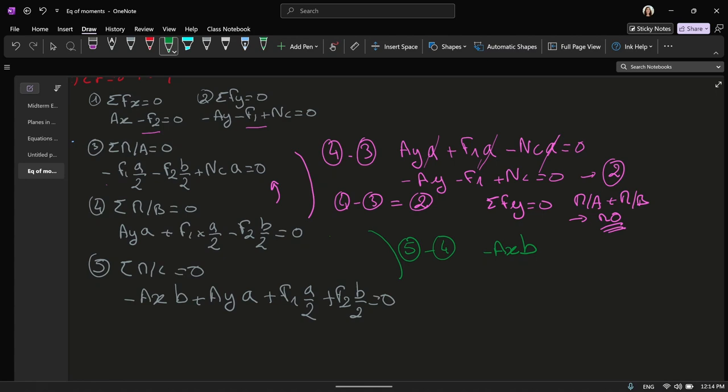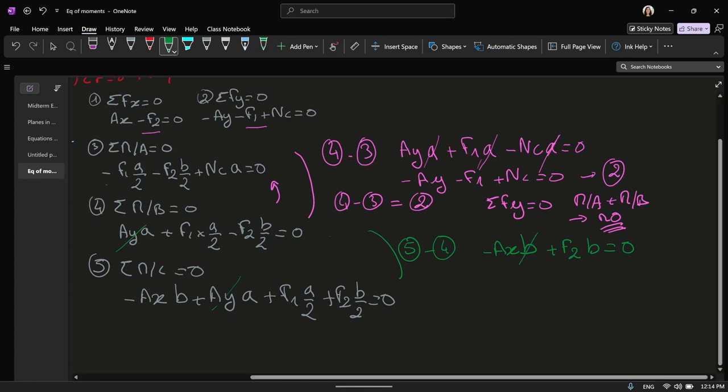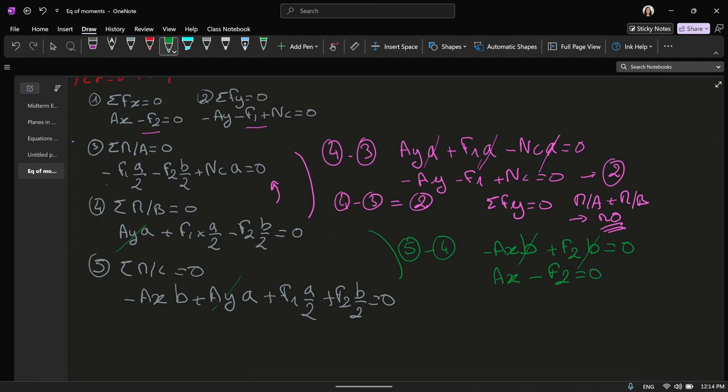Ay a minus Ay a, that's 0. F1 times a divided by 2 and F1 a divided by 2, that's 0. And F2 b divided by 2 plus F2 b divided by 2 gives us plus F2 times b equals 0. We can remove the b, and let's change the sign. We have Ax minus F2 equals 0, which is our equation 1. So equation 5 minus equation 4 equals equation 1.